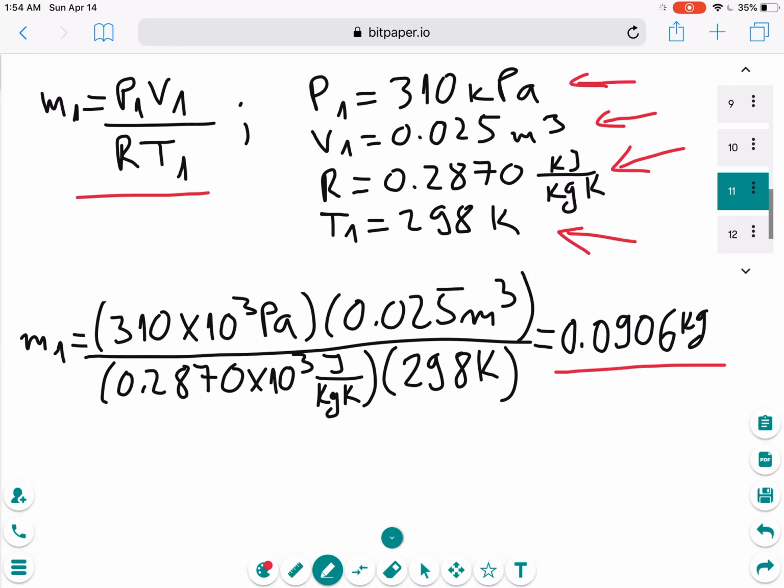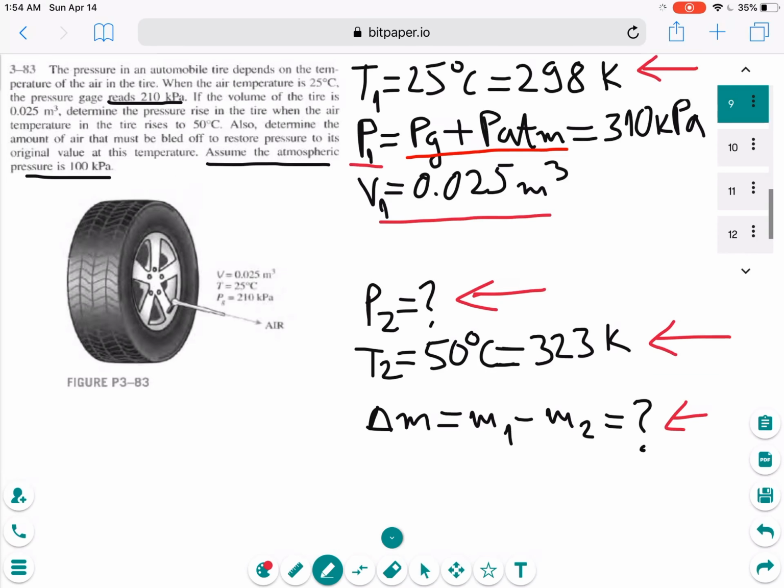However, we want to know what is the amount of air that must be removed to restore pressure to its original value of 310 kPa, but at this temperature. When they say at this temperature, they're referring to temperature 2, 323.